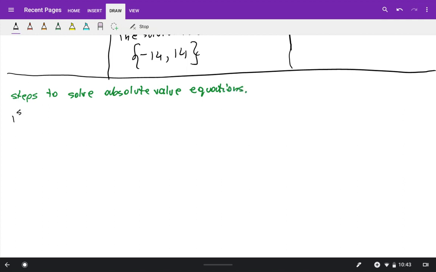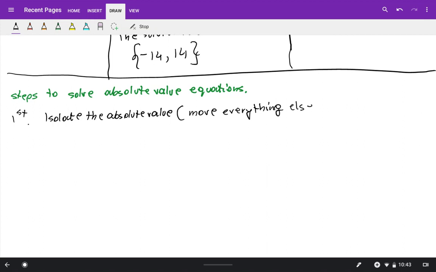Okay, first we need to isolate the absolute value. So again, that means move everything except the absolute value, of course. Move everything else, but not the absolute value, to the other side.